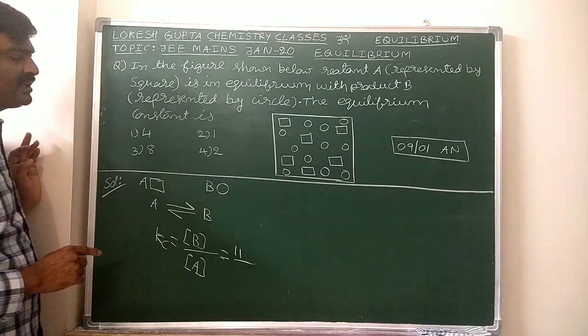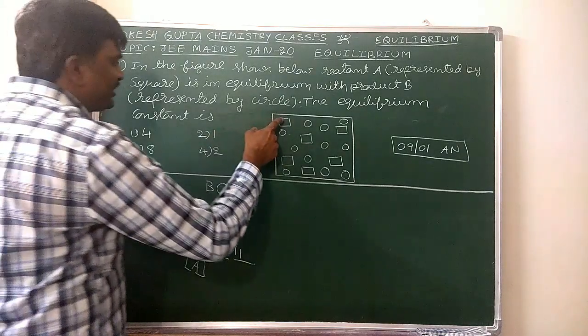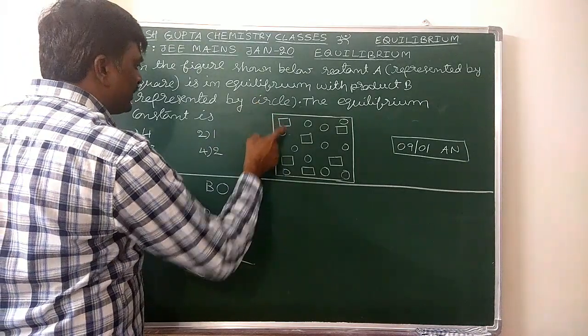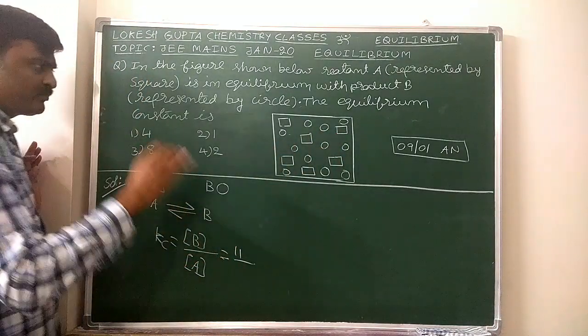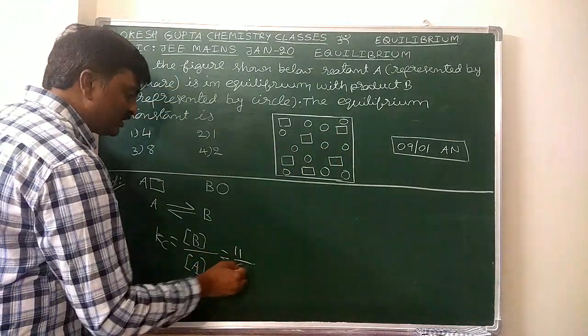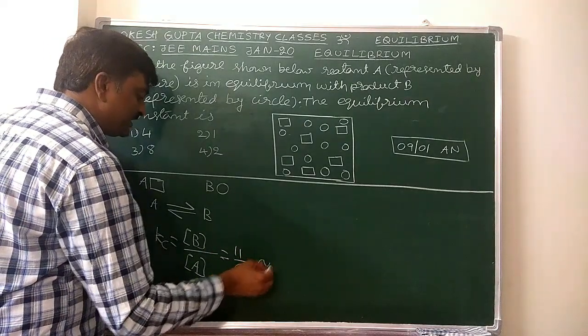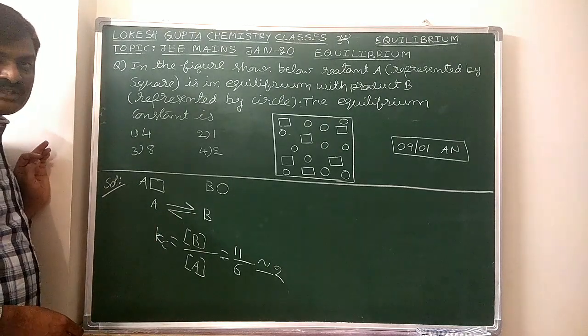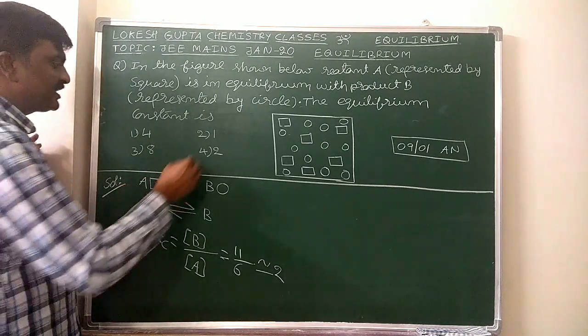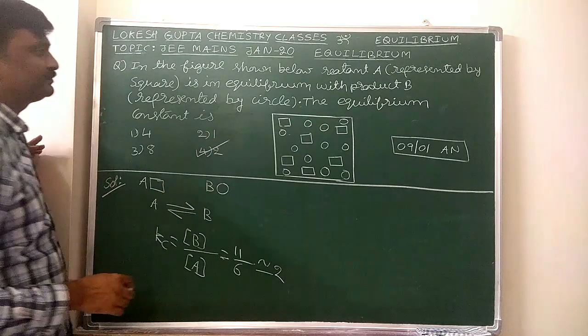A represented with the squares. How many molecules of A at the equilibrium? 1, 2, 3, 4, 5, 6 molecules per the same volume. Now this will be approximately equal to 2. So what is the equilibrium constant? 2. So now the correct answer is fourth option.